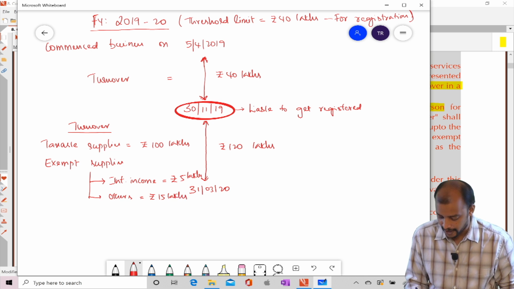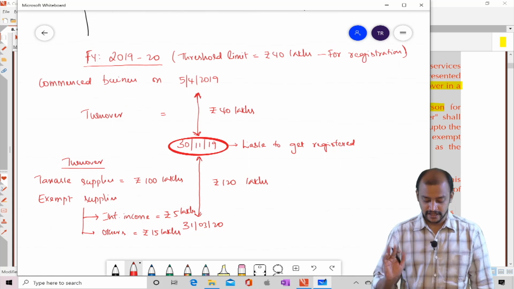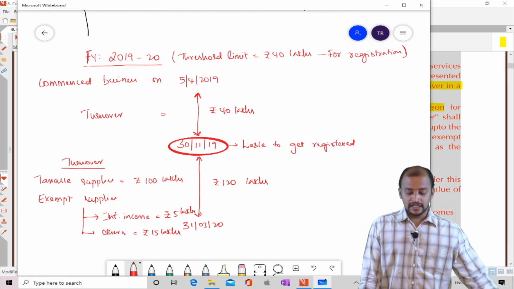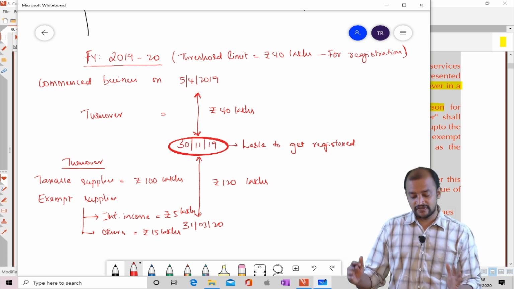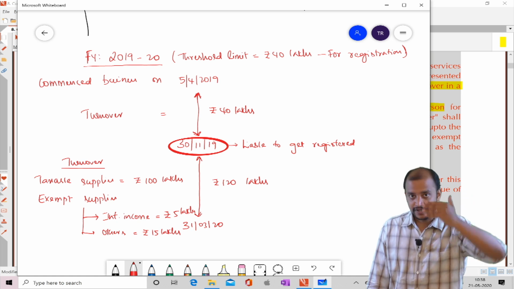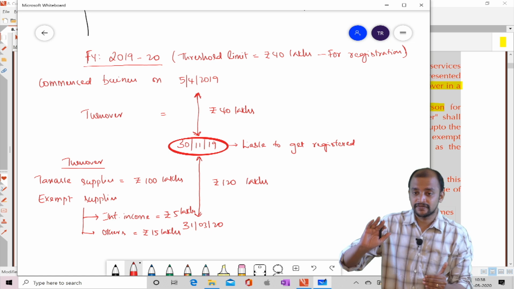This is the breakup. Now again I am repeating, have a look into this. First, for financial year 2019-20, the threshold limit is 40 lakhs for registration and he commenced business on 5/4/2019 and the turnover up to 30/11/2019 is 40 lakhs.